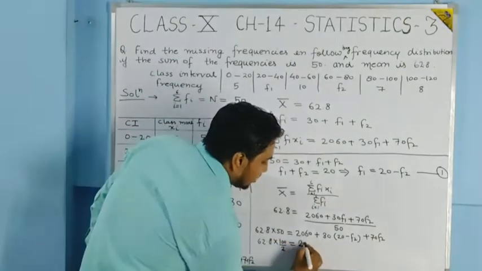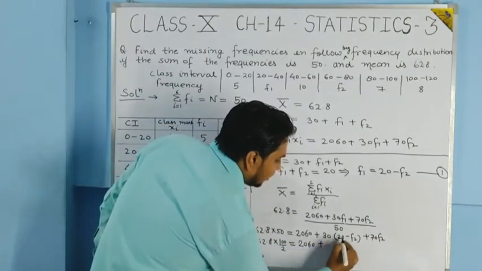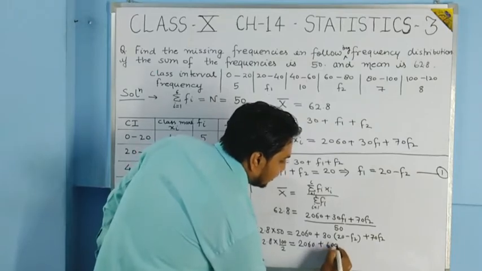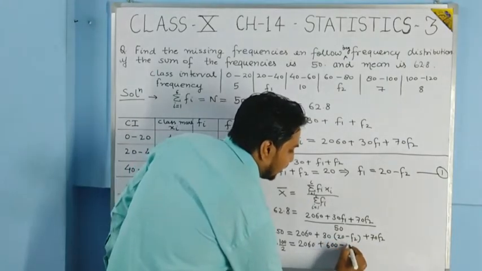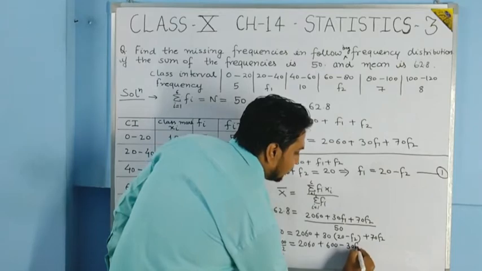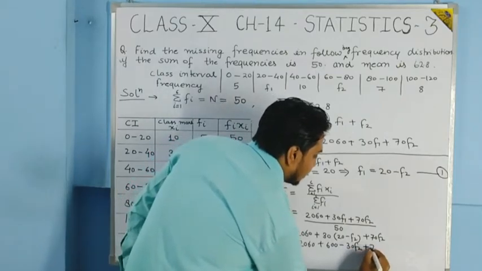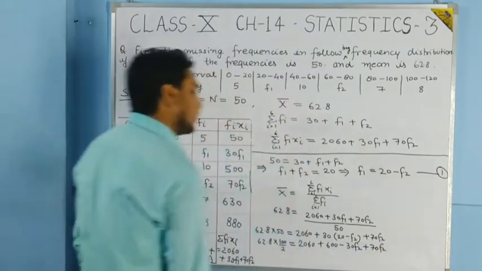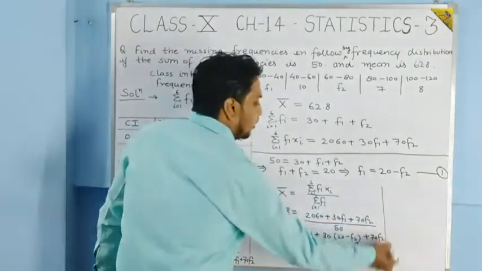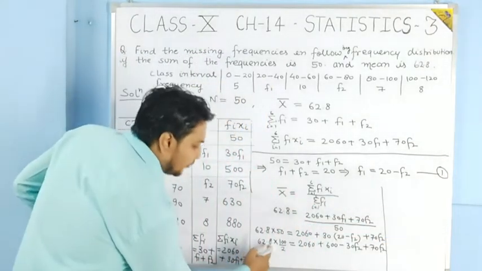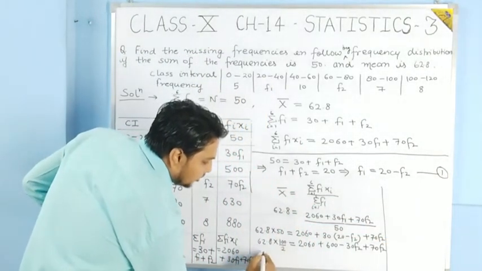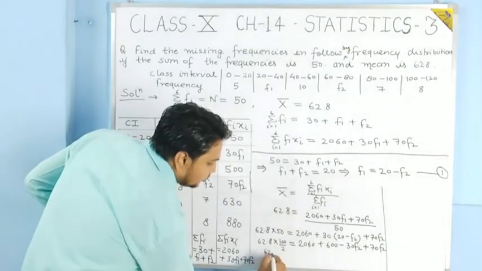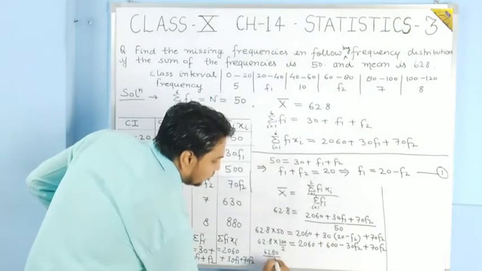Now 2060 plus 30 into 20, that is 600, and then 30 into minus F2, that is minus 30 F2, and then it is 70 F2. Now students, when we multiply 62.8 by 100, it will be 6280 upon 2.